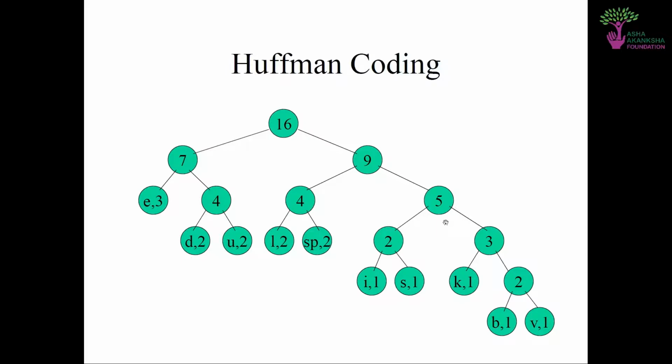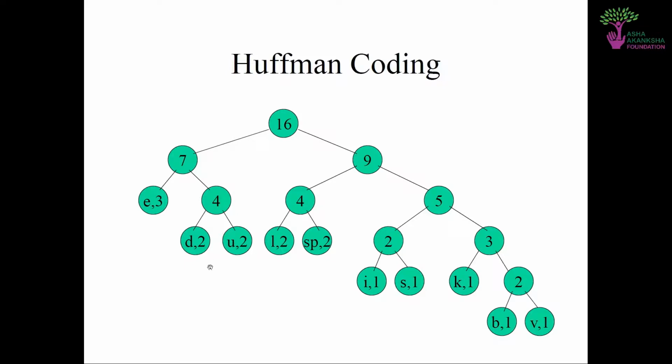So basically we have made up this tree, and what you will observe is that the characters which have a much larger frequency occur higher up in the tree. So we see that E is the character which had the high frequency, which was 3. So you can see that the leaf node of E3 is at height 1 to 3, which is very near to the root, and as we go down, the frequency decreases.